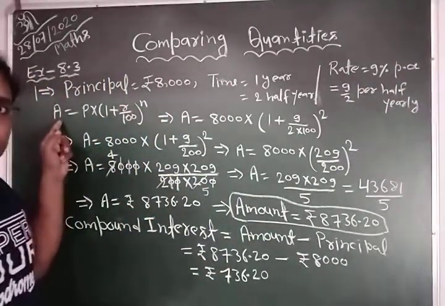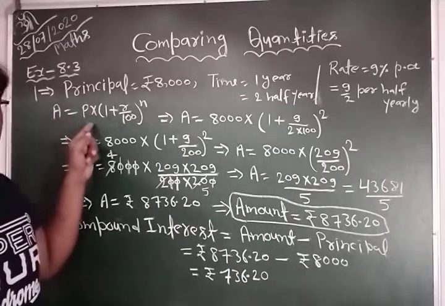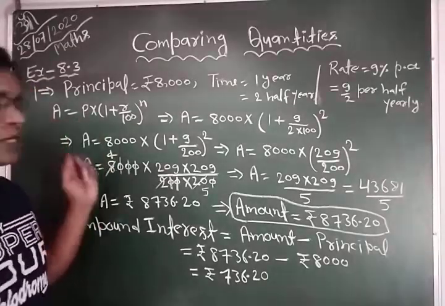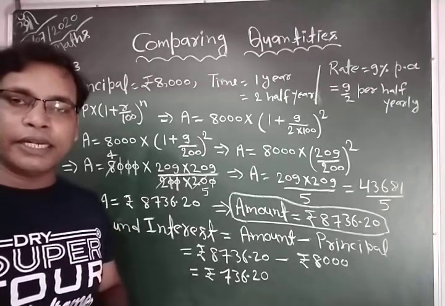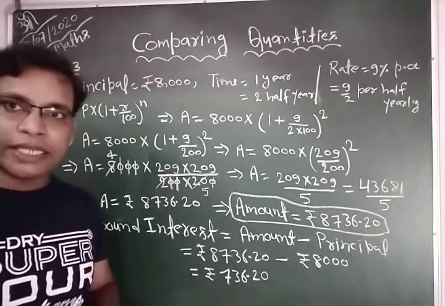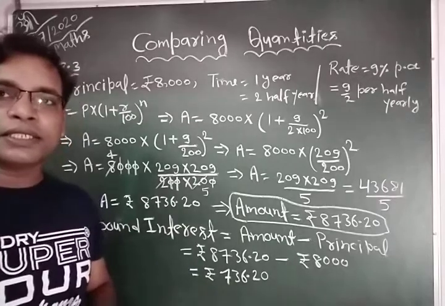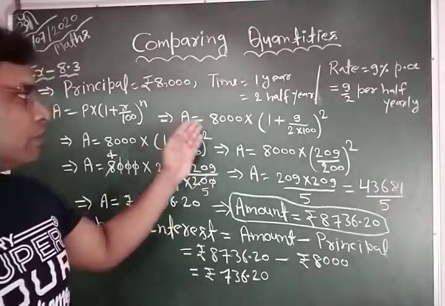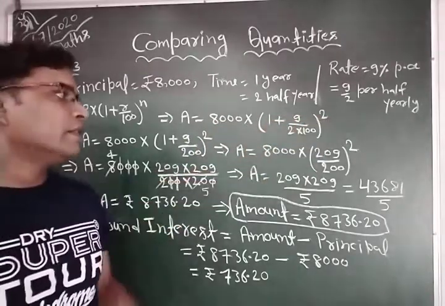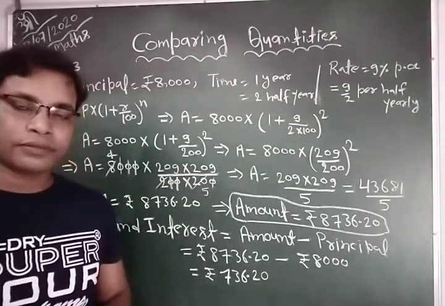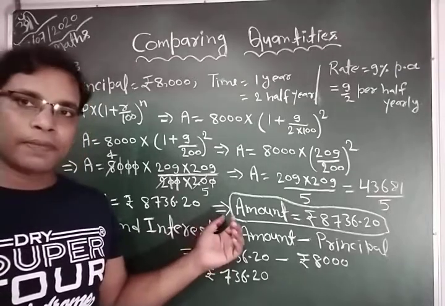Now here you can see this is the formula to find amount. Amount is equal to principal into 1 plus rate by 100 to the power n, where n represents times, and put the value of P, R, and N. Then we find the amount.